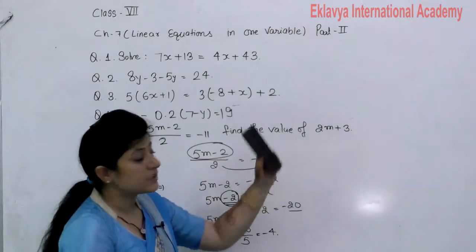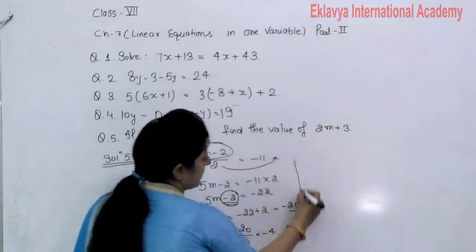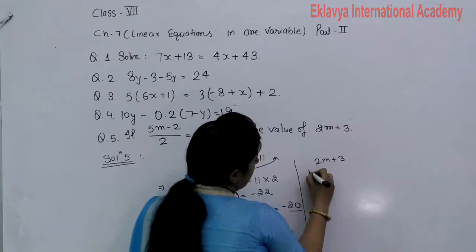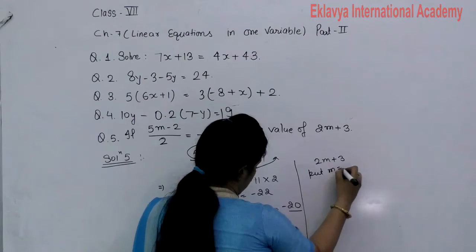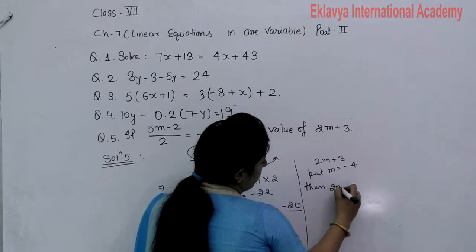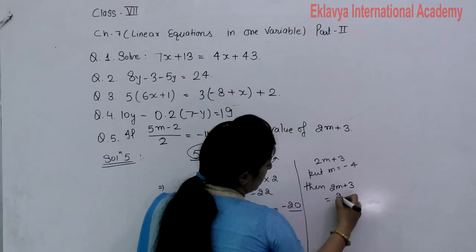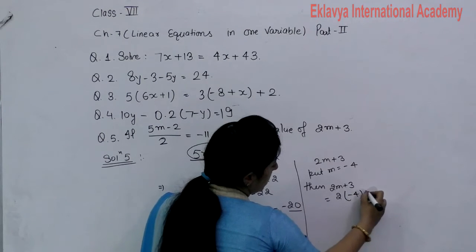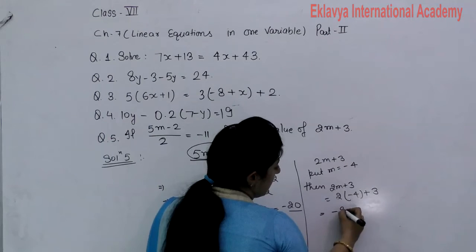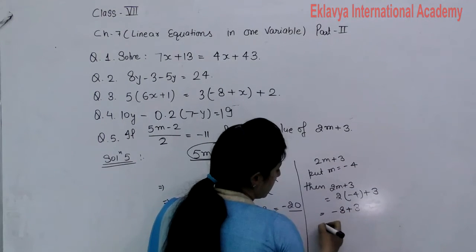Put this value in 2m plus 3. So see, 2m plus 3, put m is equal to minus 4, then 2m plus 3 is equal to 2 into minus 4 plus 3. Plus minus minus 2 4s are 8, minus 8 plus 3.